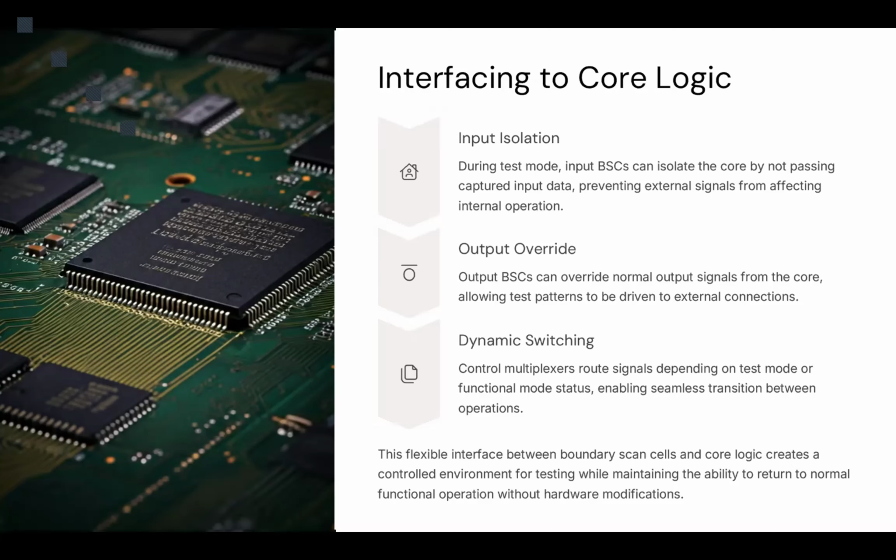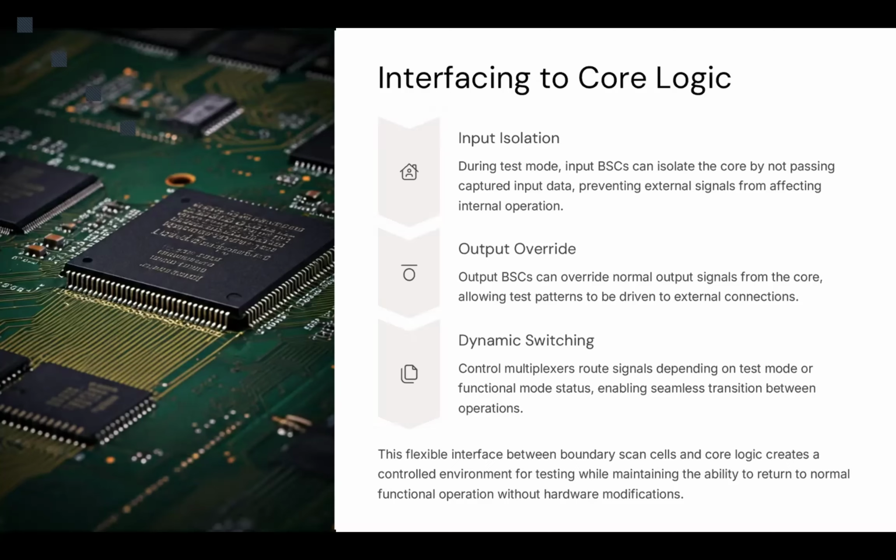When the test mode is active, a multiplexer disconnects the external pins and instead routes the scan control data internally through the chip. Now we have the output override, which happens during the scan operations.